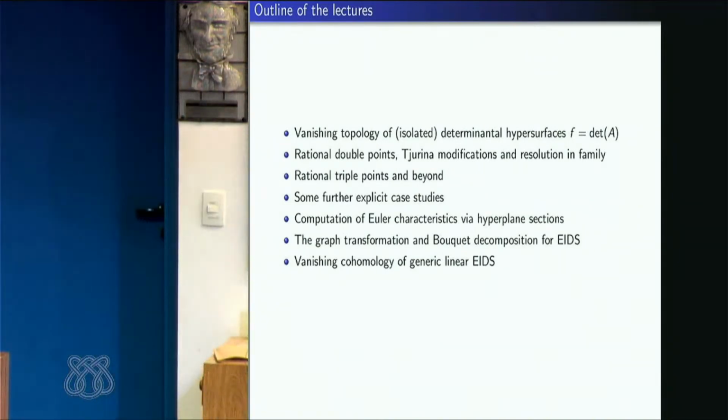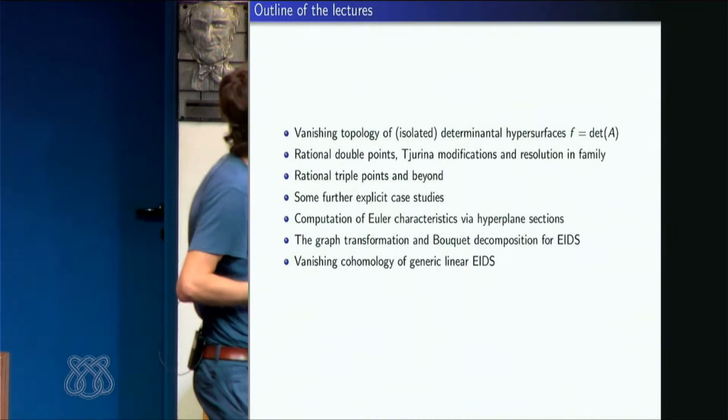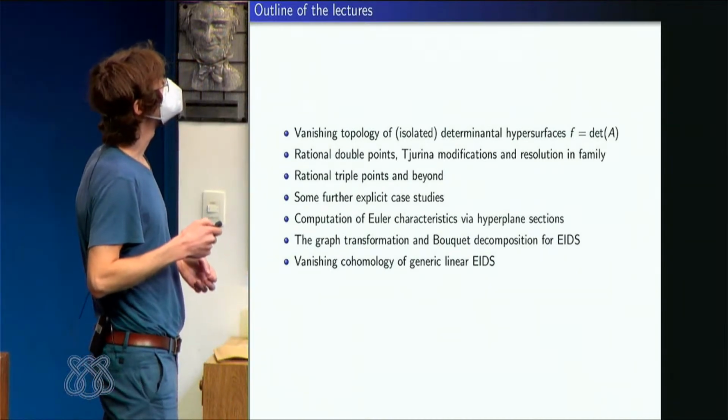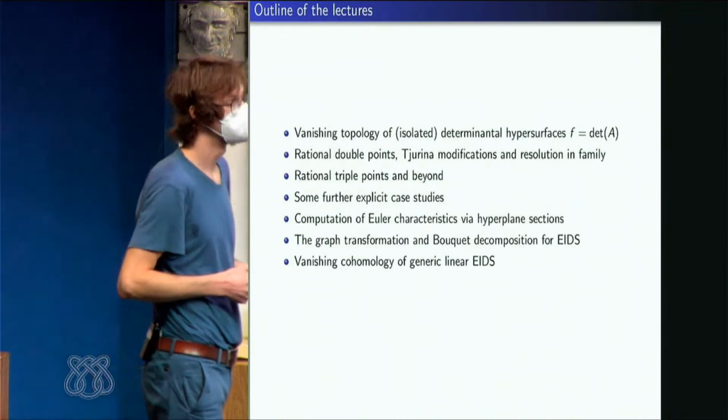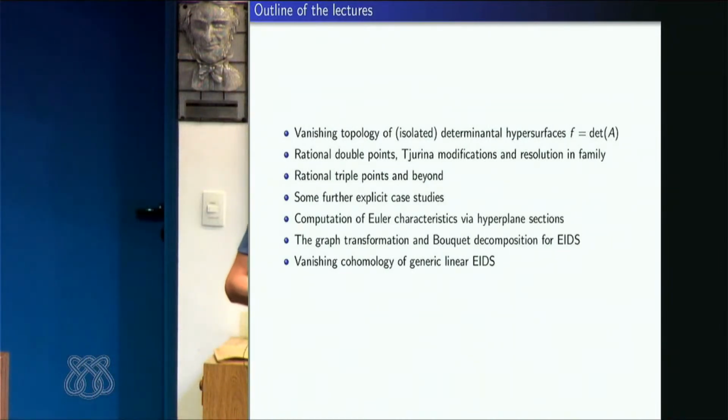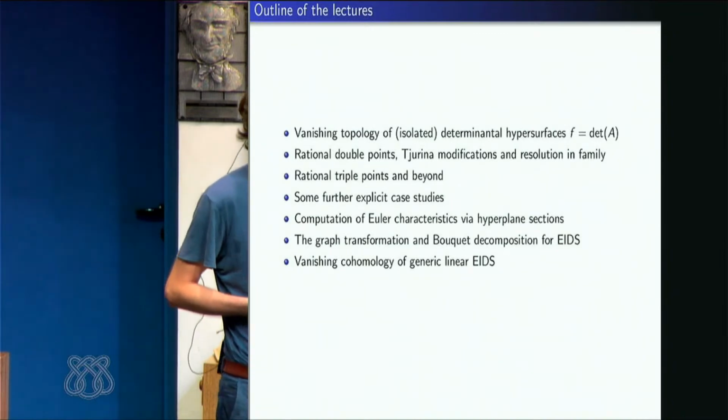This appeared, for instance, also in Dirk's lectures as examples of homological projective hypersurfaces, I think. Then we will eventually move on to rational double points and triple points. This is also a classical topic in the theory of surface singularities, I think.